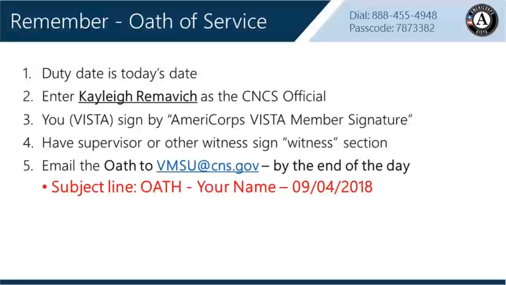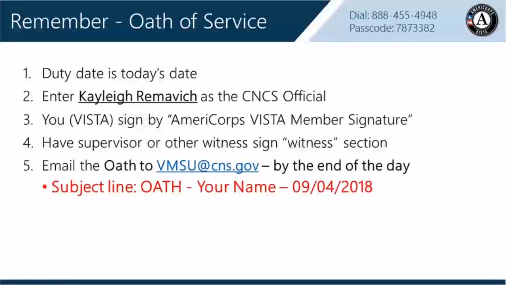You also need to have your witness sign below your signature. And then lastly, you need to email a scanned copy of your oath in PDF form to the VMSU at vmsu@cns.gov with the subject line of oath-your name-today's date. And this must be done today.